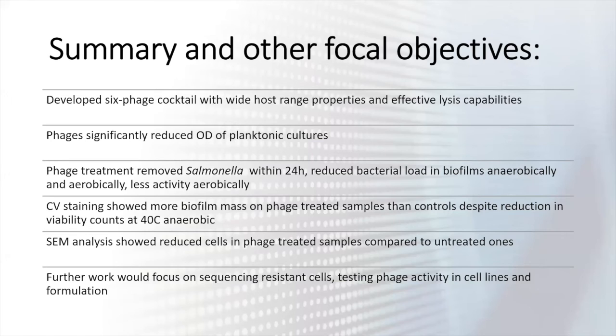The phages significantly reduced the OD of the planktonic cells, and removed Salmonella, everything non-detectable within 24 hours, reducing bacterial load in the different conditions. Future work will focus on seeing what happened on the resistant cells, and also testing the phages in different cell lines and formulations as well.